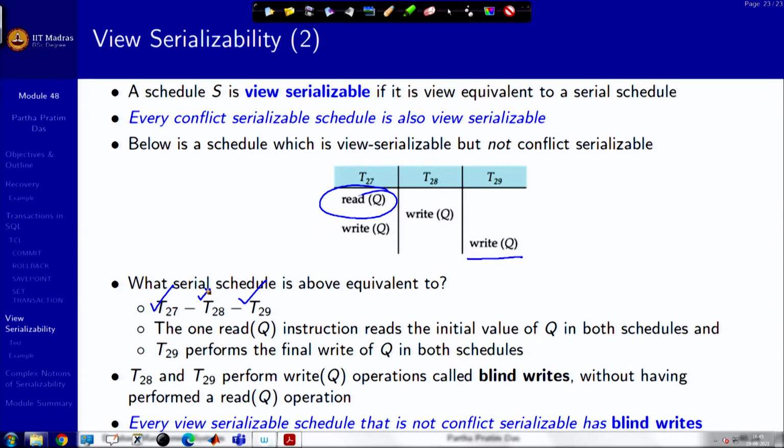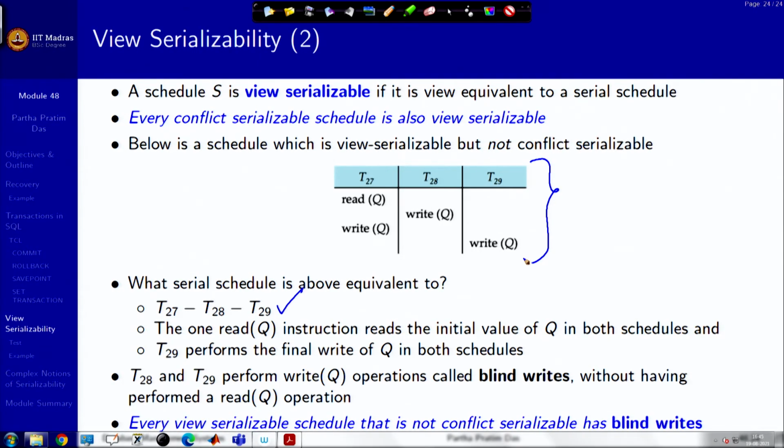Now, if you think about the write-read condition, you see that the value written is never read. So, the second condition has no premises here. So, this clearly is a serial schedule which will be matched by this concurrent schedule, though it is not conflict serializable, but it is view serializable and will match this serial schedule whatever the data is.